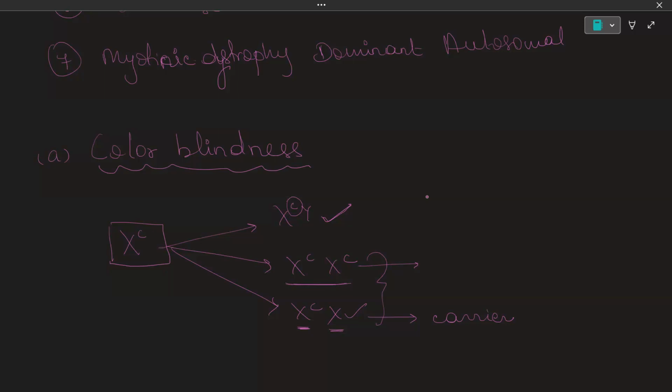Ma'am, I'm not sure, but when it's dominant, it is surely going to be expressed. But when it is recessive, there is a probability of it being expressed or not expressed. Is that right? I didn't understand.